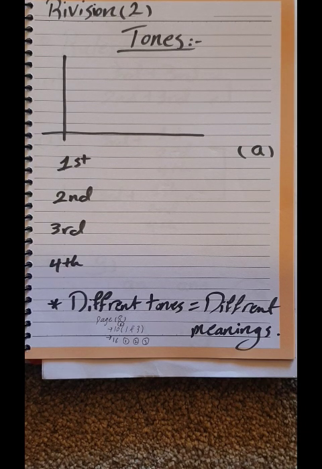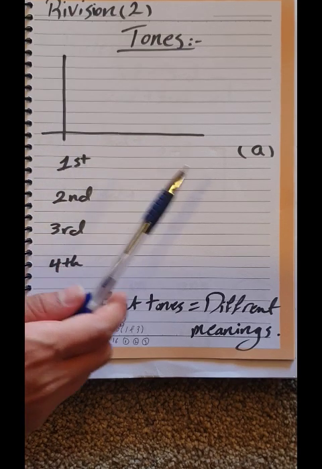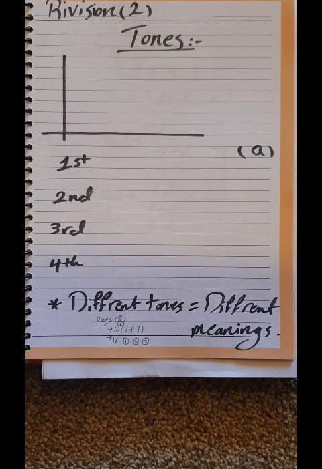And we said that we have 4 tones in Chinese: the first tone, second tone, third tone, fourth tone. These are the known tones in Chinese. Then we have the natural tone, or sometimes we call it the zero tone. This is why I didn't write it, because it's just pronouncing the letters or the finals as they are without adding any tone to it.